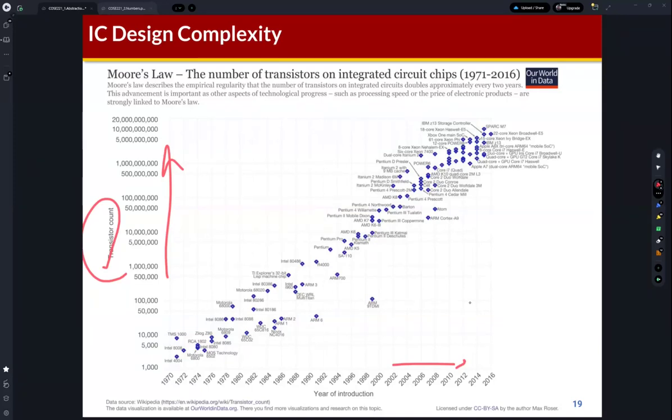You can find that by years, the number of transistors per chip increases linearly in this graph, but since the y-axis is a log scale, it is actually exponential. In a linear graph, it looks like this.